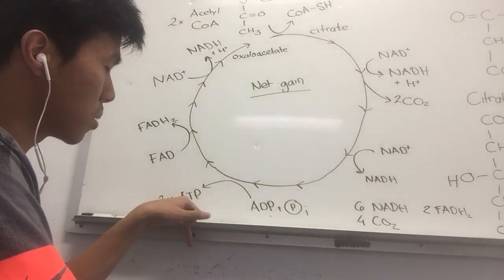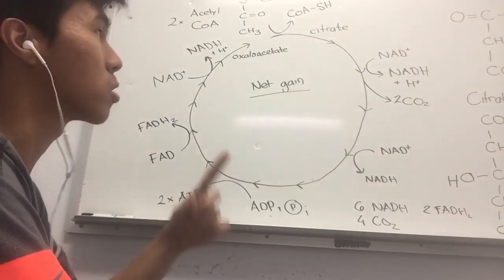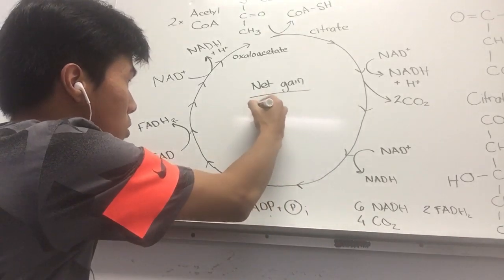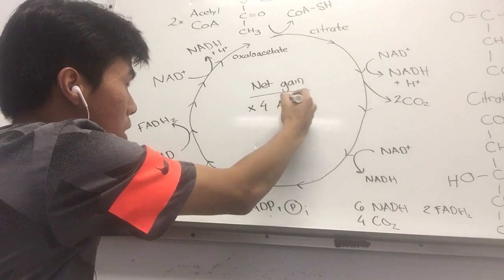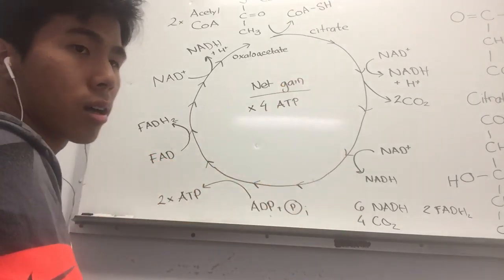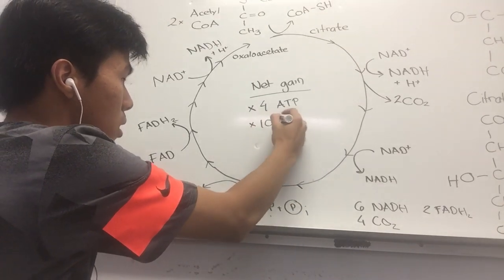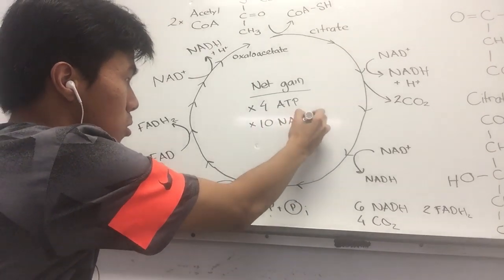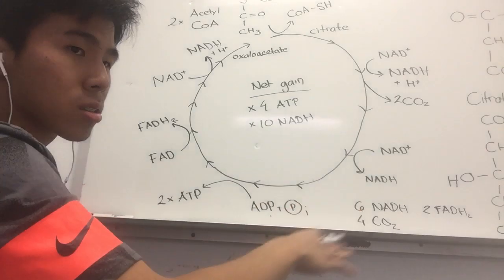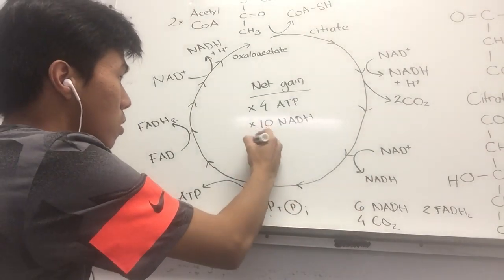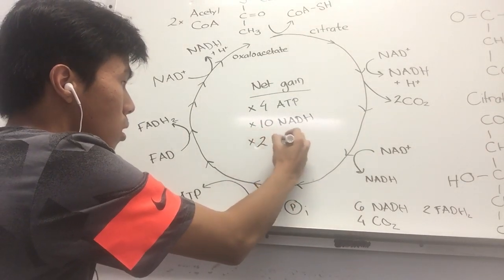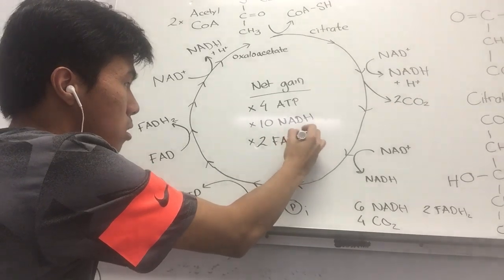We've made 2 ATP here, but we also made 2 in glycolysis. So far we have 4 ATP, and then we have a total of 10 NADH, which was formed in the previous cycles. And then we have 2 FADH2.